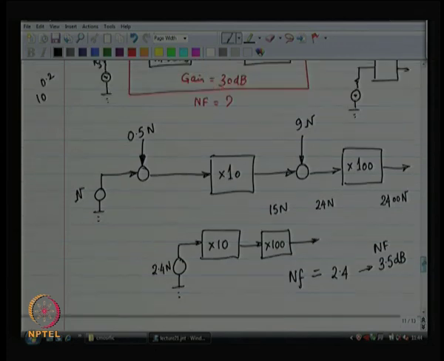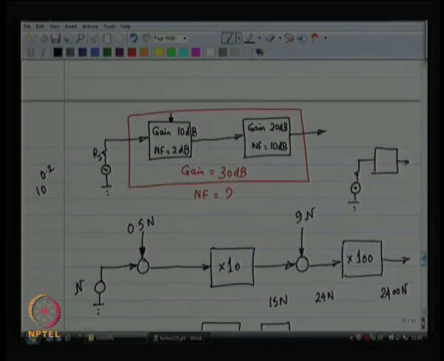Okay. So, this whole thing will have a noise factor of 2.4.